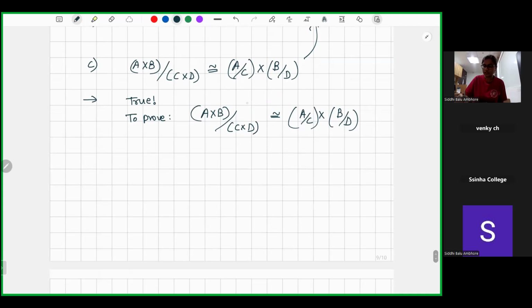Let me mention this here: this is well defined as C cross D is a normal subgroup of A cross B by part A. Okay, now we need to prove this. How to proceed with this?